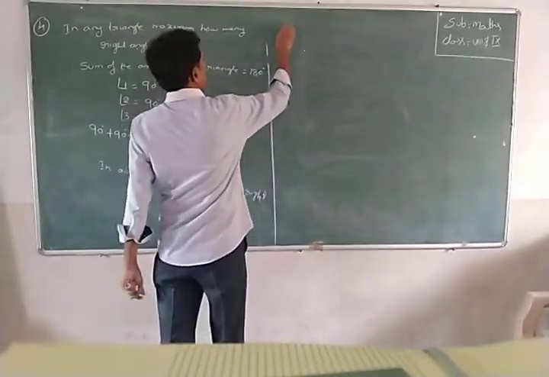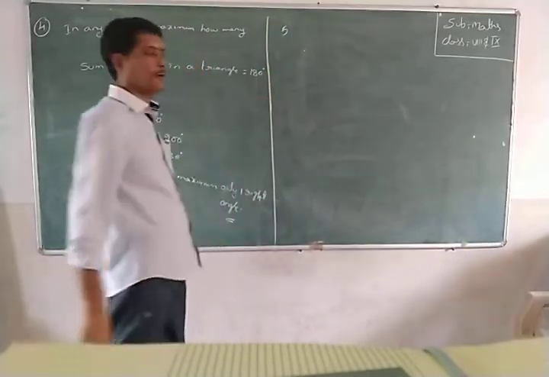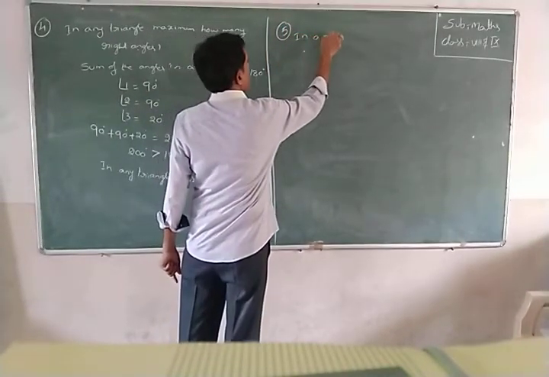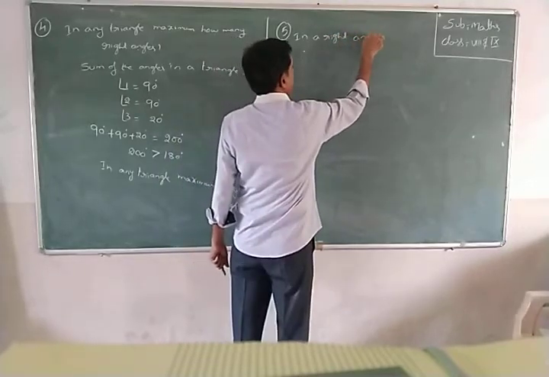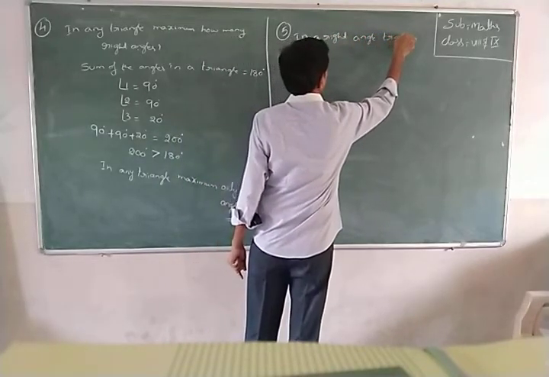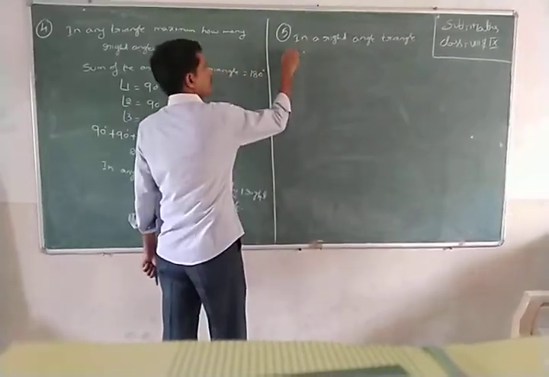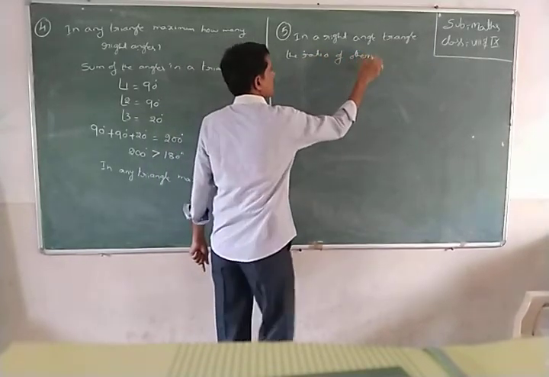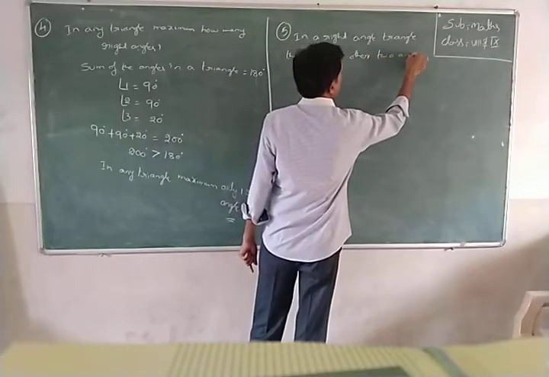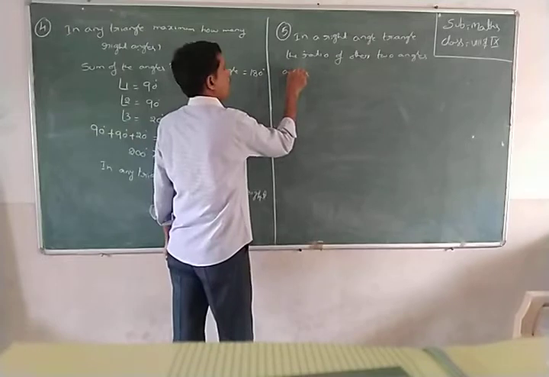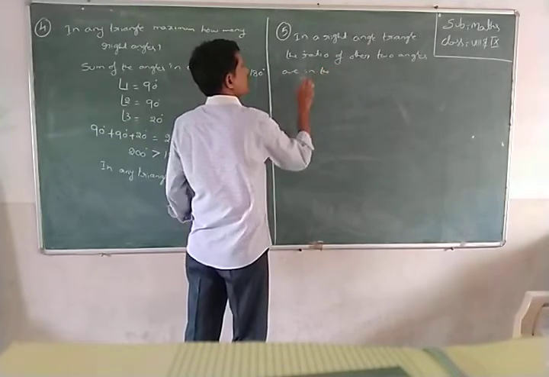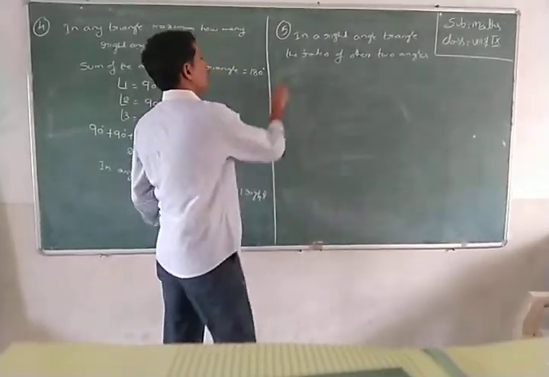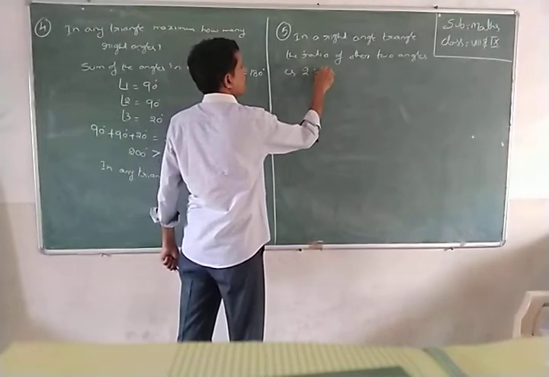Next one: in a right angle triangle, the ratio of the other two angles is 2:3.